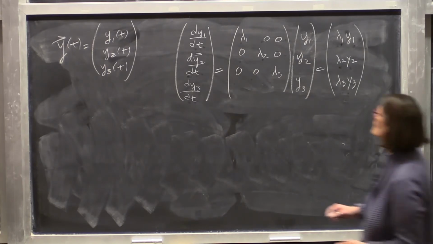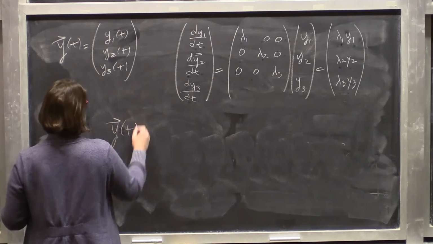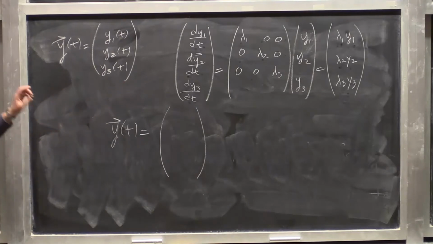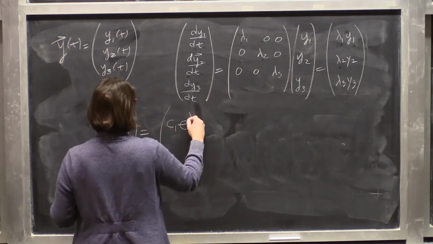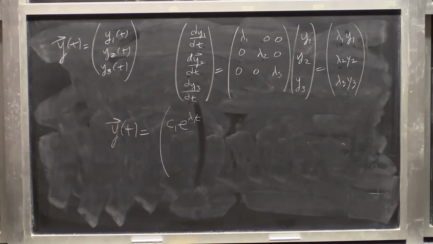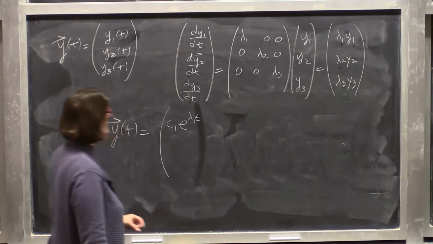It's diagonal. So from this, you get that y of t, well, the first component is just dy1/dt equals lambda 1 times y1. We know how to solve that. We just get c1 e to the lambda 1 t. The second component, we get from the differential equation dy2/dt equals lambda 2 times y2.